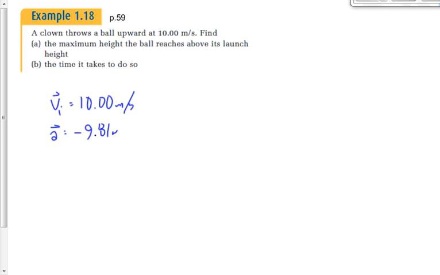So we're going to make it negative 9.81 meters per second squared. Everything's good so far. What else? Do we have anything else, or do we have to just look at what we got written down there right now and find what we're looking for?